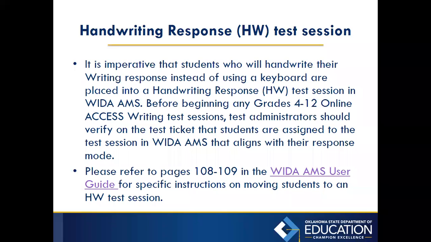But if you have a 9th grader or 12th grader, you have to get permission before you do that, and they will also be placed in a handwriting response session. Before beginning any grades 4 to 12 online access writing test sessions, test administrators should verify on the test ticket that the students assigned to the test session in WIDA AMS align with their response mode. Please refer to pages 108 through 109 in the WIDA AMS User Guide.